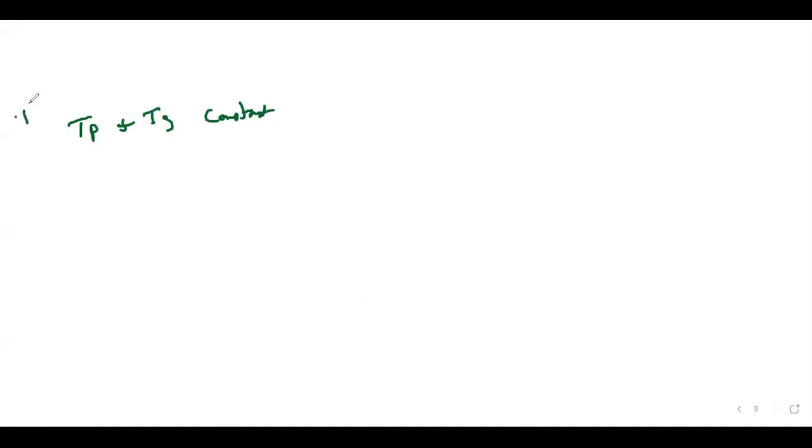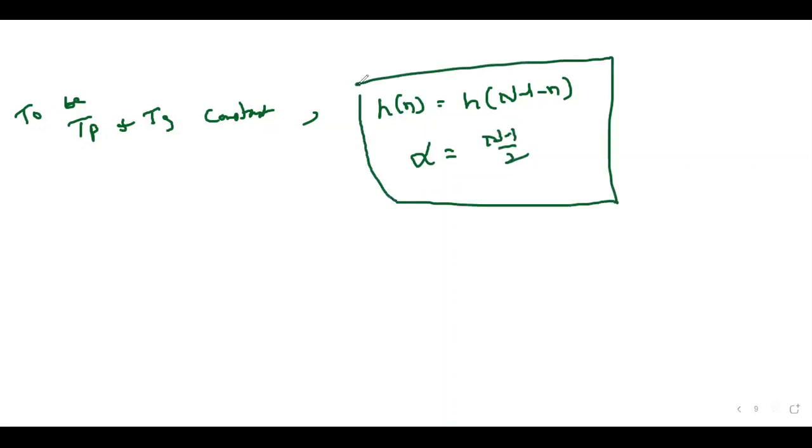In order for TP and TG to be constant, h of n, the impulse response of the FIR filter, must be equal to h of n minus 1 minus n, and also alpha is equal to n minus 1 by 2. These are the two conditions to be satisfied in order to get the constant phase delay and constant group delay.